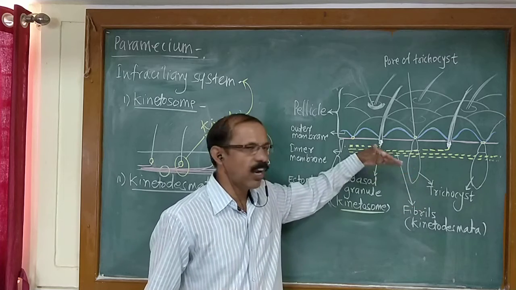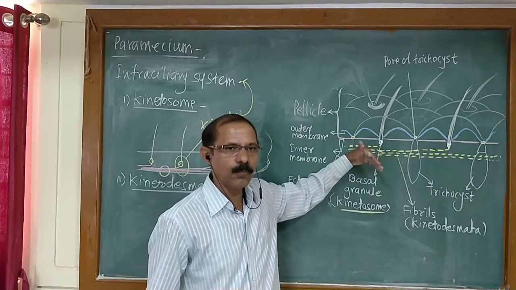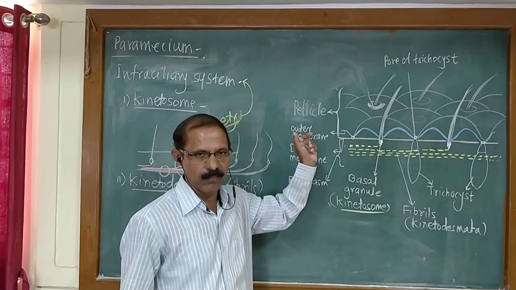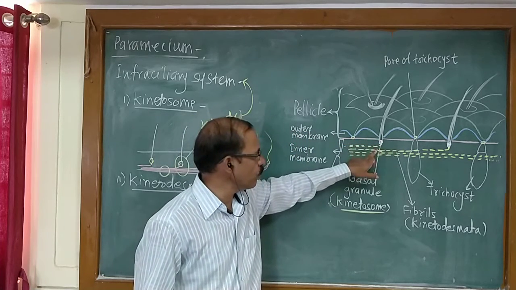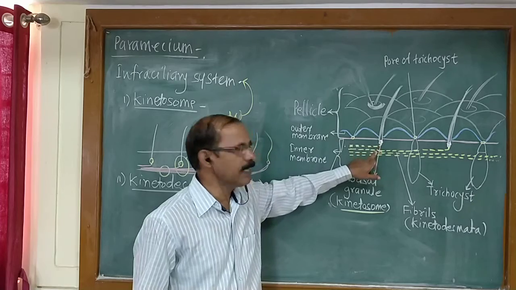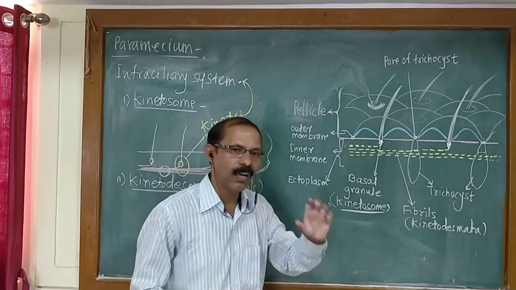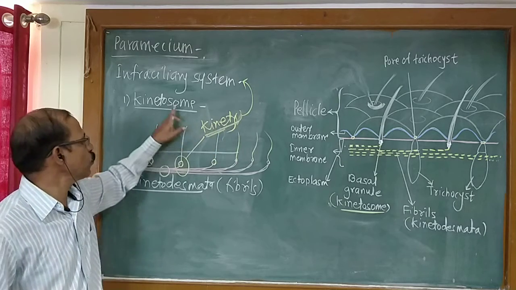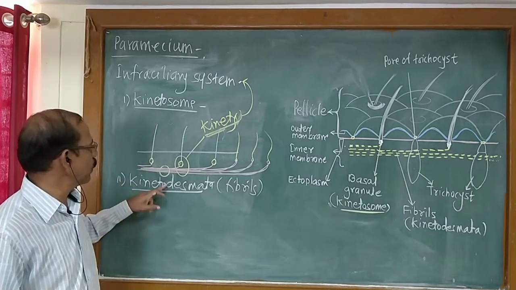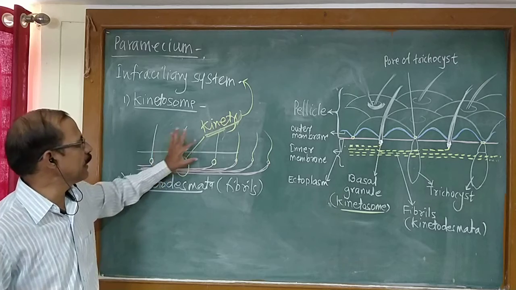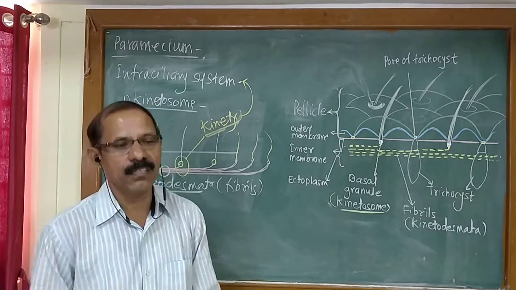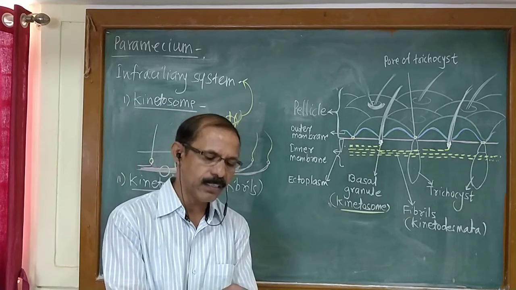Such fibrils are large in number, arise from each kinetosome and run together in a bundle. The kinetosome as well as the fibril kinetodesmata together are called kinete, and this kinete forms the infraciliary system.